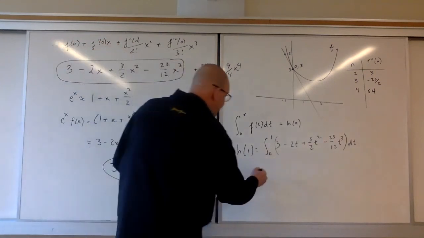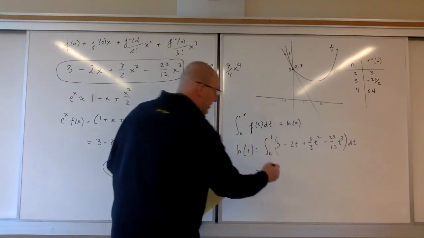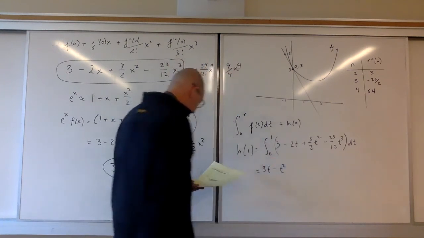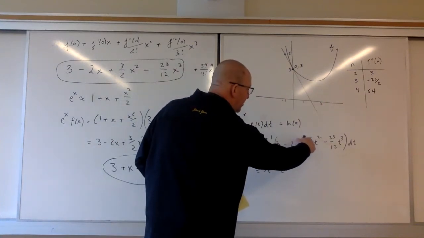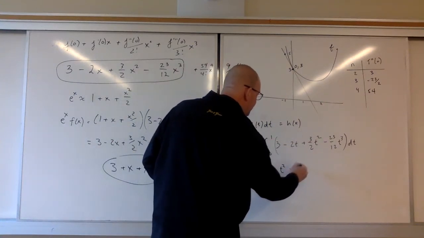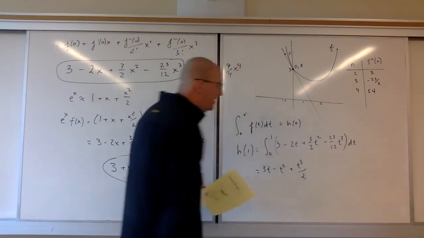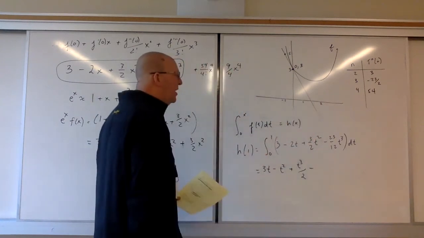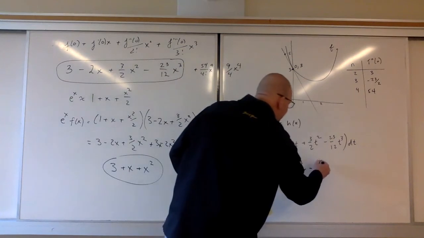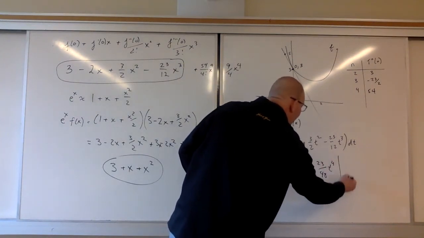And we're going to get 3t minus 2t squared over 2, t squared, plus 3t cubed over 6, t cubed over 2, minus 23 over 48 t to the 4th. We're evaluating that from 0 to 1.